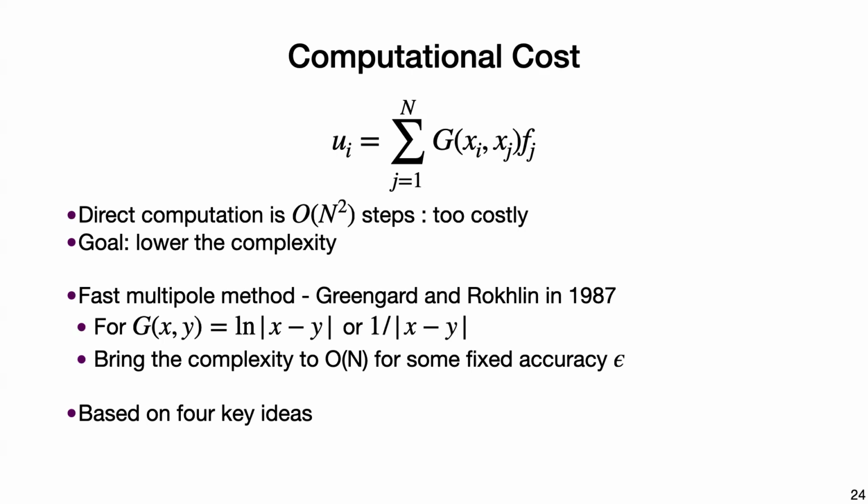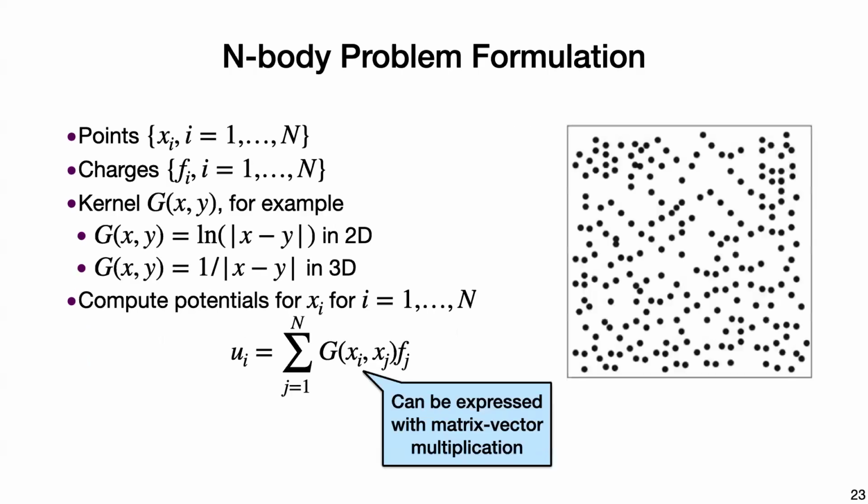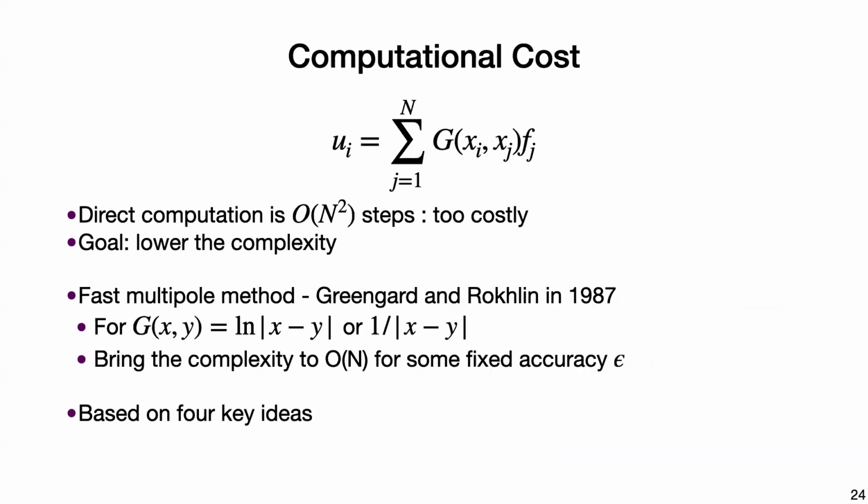This one is the function that tells you how the points relate to each other. So if you plug in x_i, x_j here, that tells you how x_i and x_j interact. And you can imagine that if you filled out this matrix, you would do one single matrix vector multiplication to solve this for one step of your simulation.